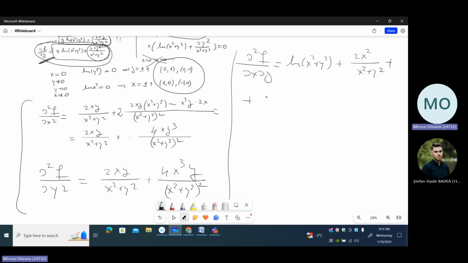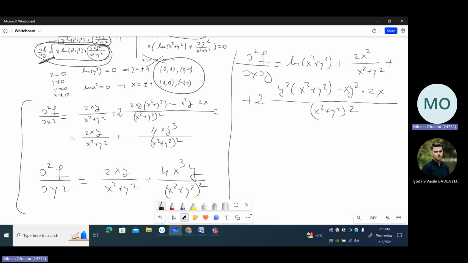Okay, 2 is a constant. I shall put it in front. And now we have with respect to x, it's y squared times x squared plus y squared, negative x y squared times 2x over x squared plus y squared squared.